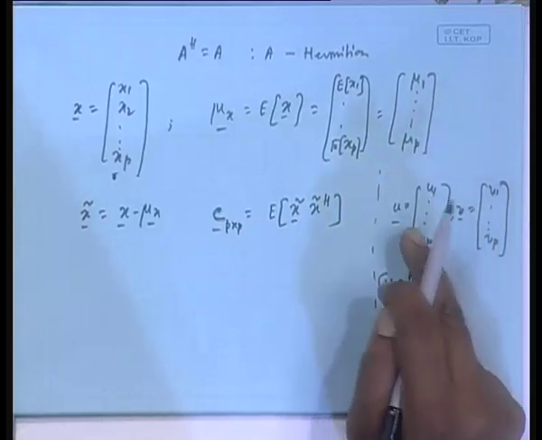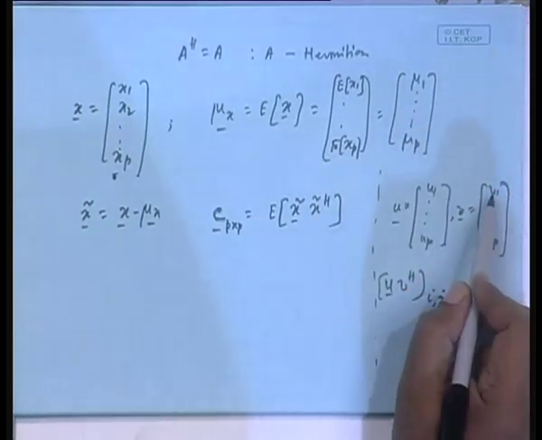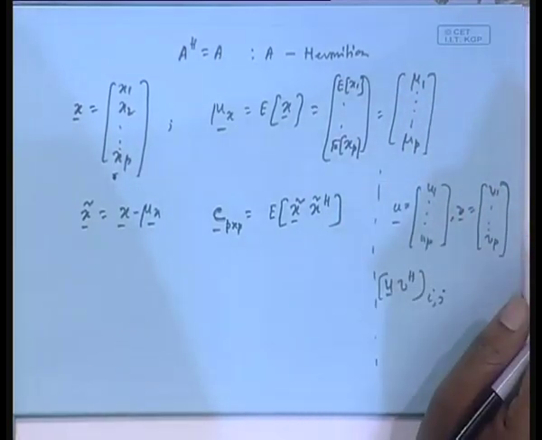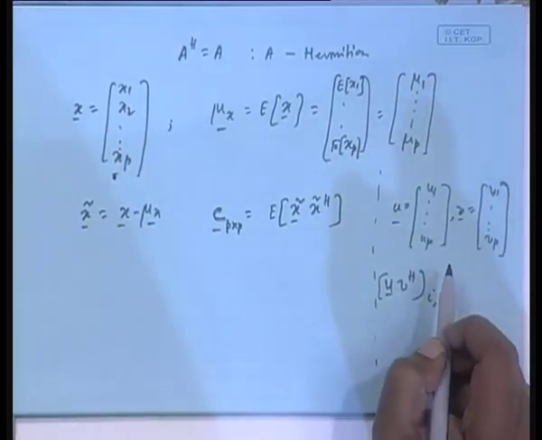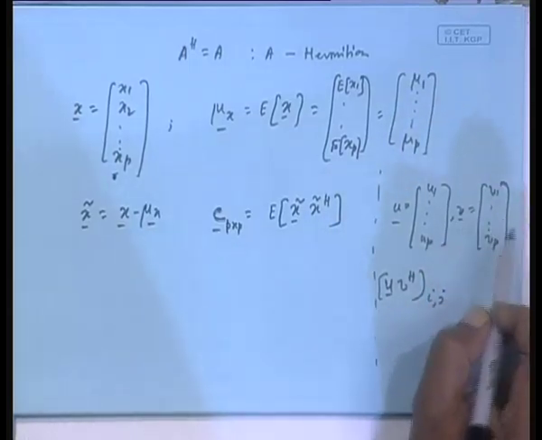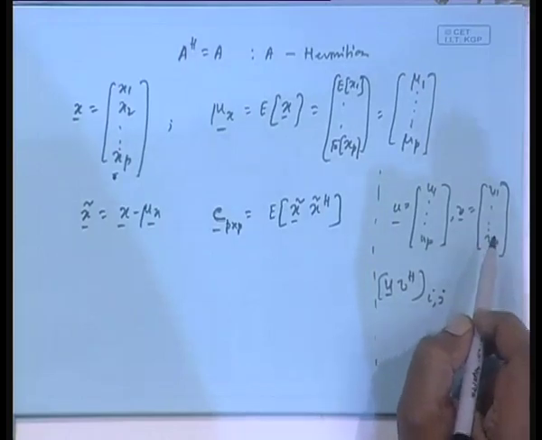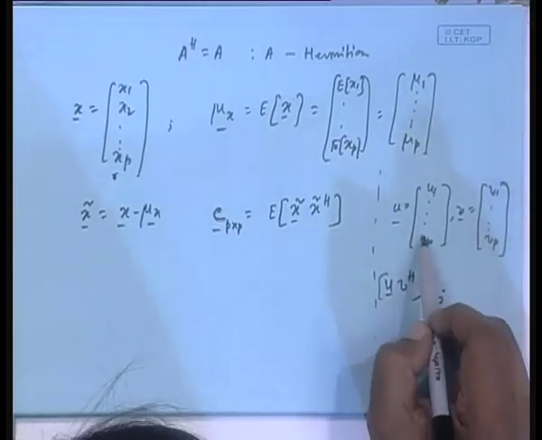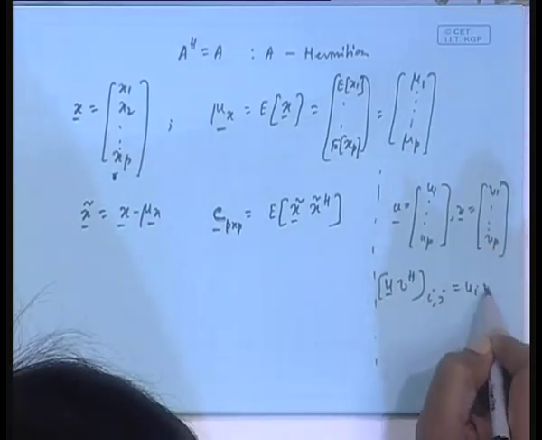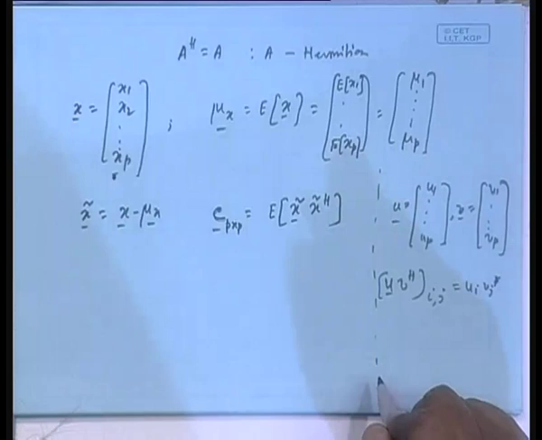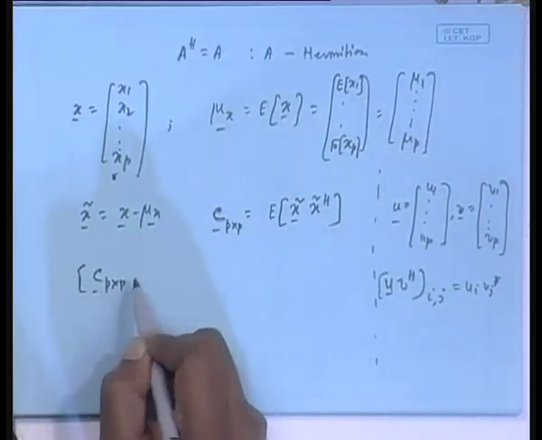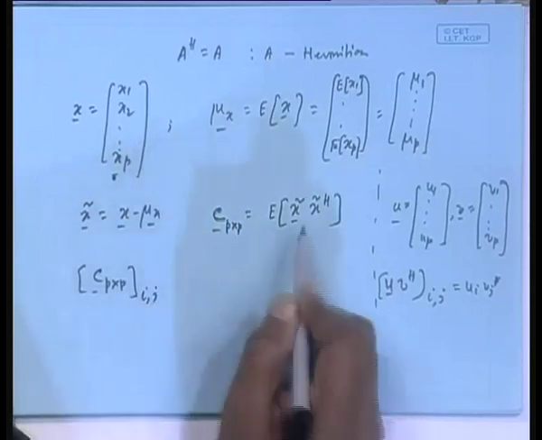See how the matrix is formed. u1 into v1 star is the first element, u1 into v2 star, u1 dot dot dot vp star, that is the first row. The ith row means ui into v1 star, ui into v2 star. So the jth element means ui into vj star: ith element from here, jth element from here. So what is the general element, the ijth element?